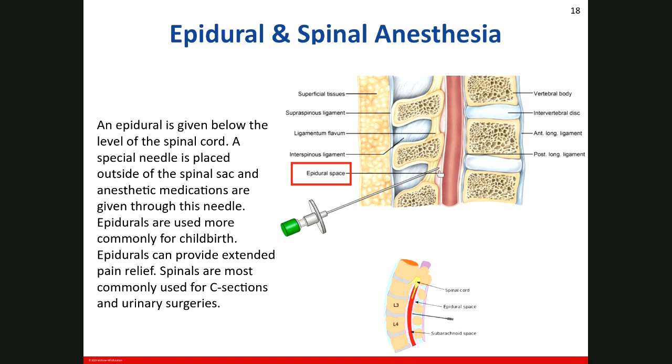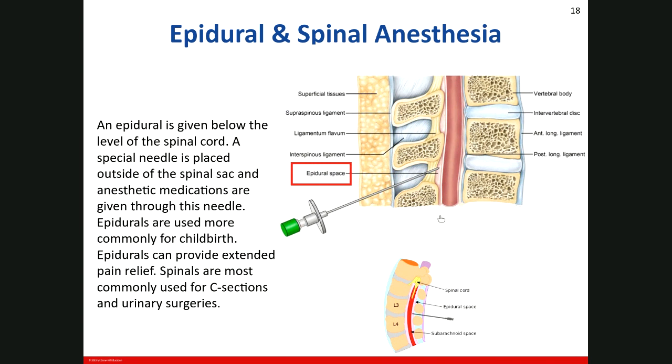In the epidural space, where we have adipose tissue and blood vessels, we can inject the anesthesia. This anesthesia can distribute in the lower part of our vertebral column, and it can cause numbness in the lower part of the body, so we can do the surgery after that.